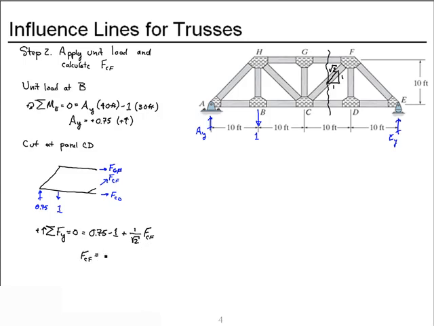Solve that for the force in member CF, and we get 0.354. And that's positive, so that'll be tension when the unit load is applied at B.